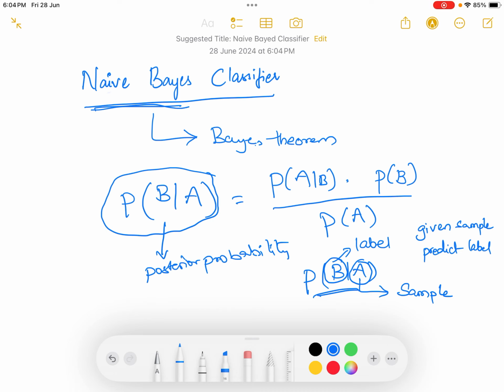So now what we are supposed to do is, given the sample, predict the label. Probability of the label for a sample.